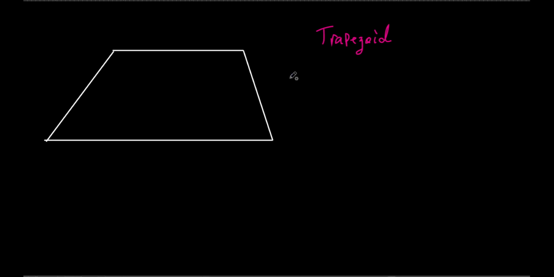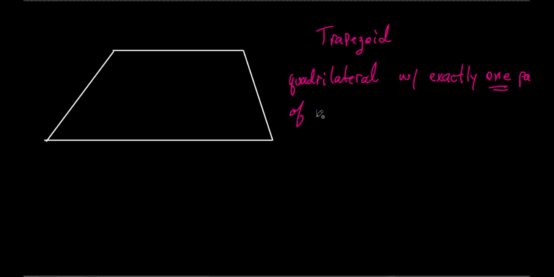Here it is. It's a quadrilateral, because these are all quadrilaterals. It's a quadrilateral with exactly 1 pair, see 1 pair, just 2 sides, and that's it, of parallel opposite sides.